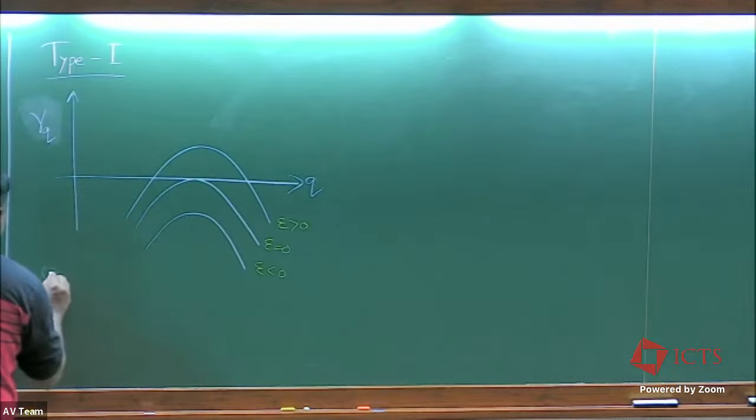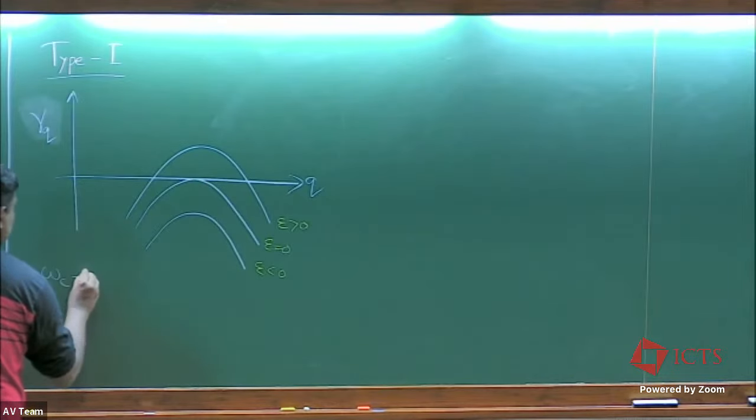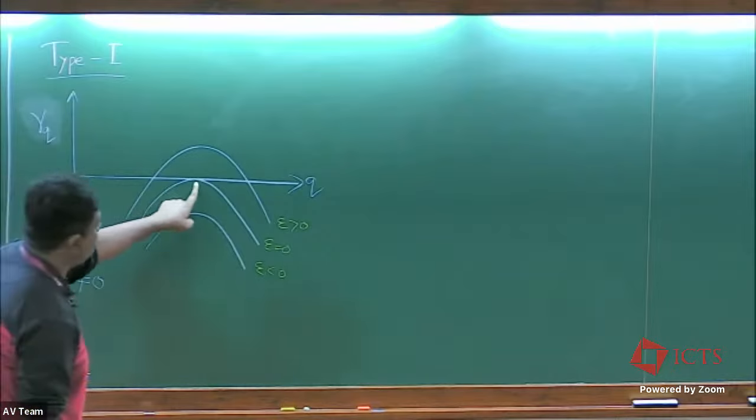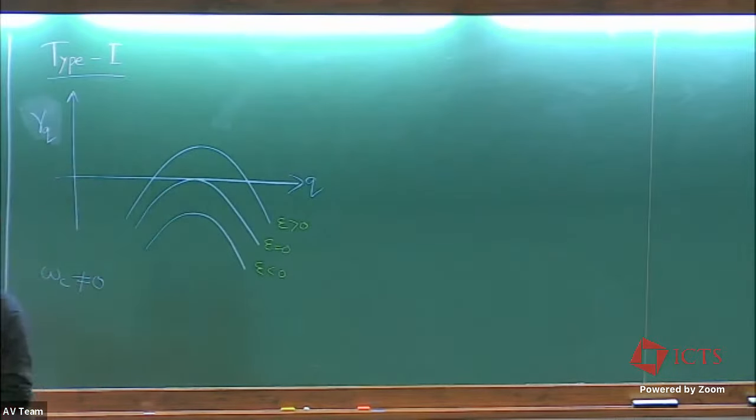Furthermore, if omega c is not equal to 0, that means there is a non-zero imaginary part at this value of QC, omega evaluated there. You can also have an oscillatory instability.